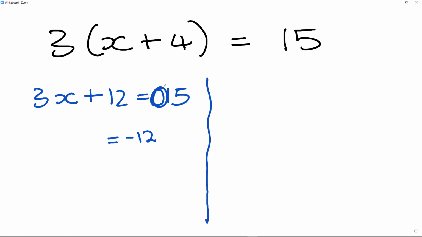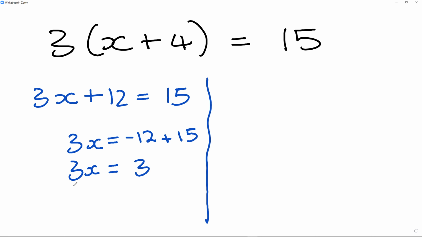This has no sign in front of it, so it's a plus 15. 3x is already on the left-hand side, so I simply have to rewrite that one. -12 plus 15 is 3. I then divide both sides by 3, and I get x equal to 1.